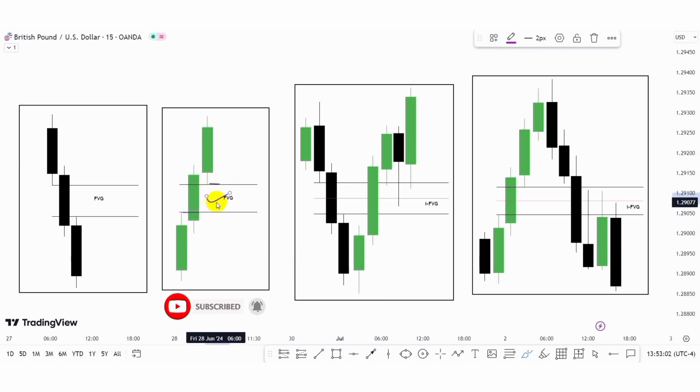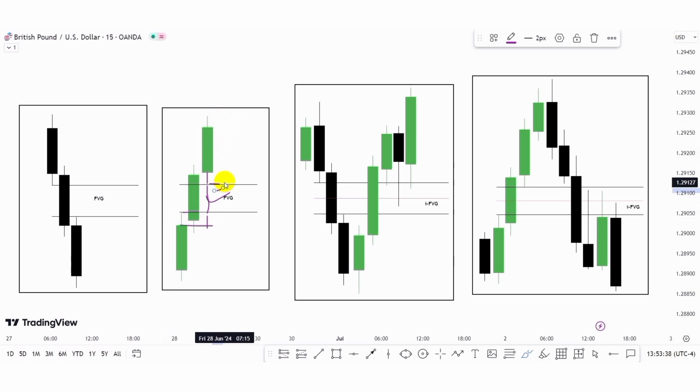You can see this particular inefficiency is what we now call the fair value gap, because it is expected that before we have a further push of price to the upside, this candle's wick is supposed to mitigate either the candle high point or mitigate the close of this candle before we can see a further push of price to the upside. But no, price only returned to this level and then we can see the momentum to the upside. So we have this level as the fair value gap. So this is the concept based on the conventional fair value gap.